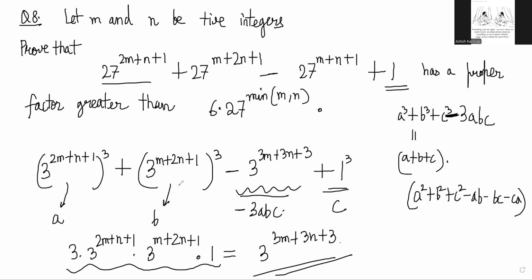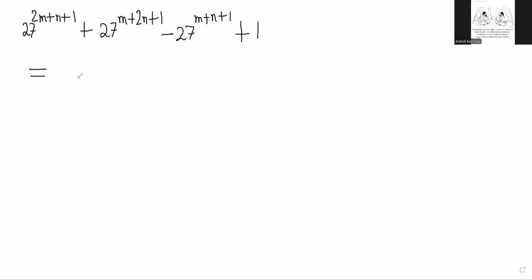So that means that this big expression can be factorized in this way. This way means we have a plus b plus c as a factor, right? So we can write that 27 power 3m plus n plus 1 plus 27 power, not 3m, it was not 3m here, it was 2m plus n plus 1, plus 27 power m plus 2n plus 1 minus 27 power m plus n plus 1 plus 1 is, we are able to factorize it in the form a plus b plus c.